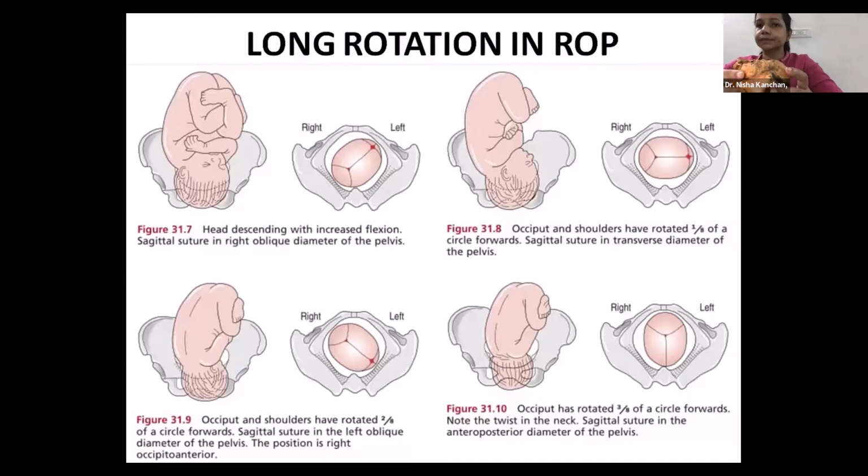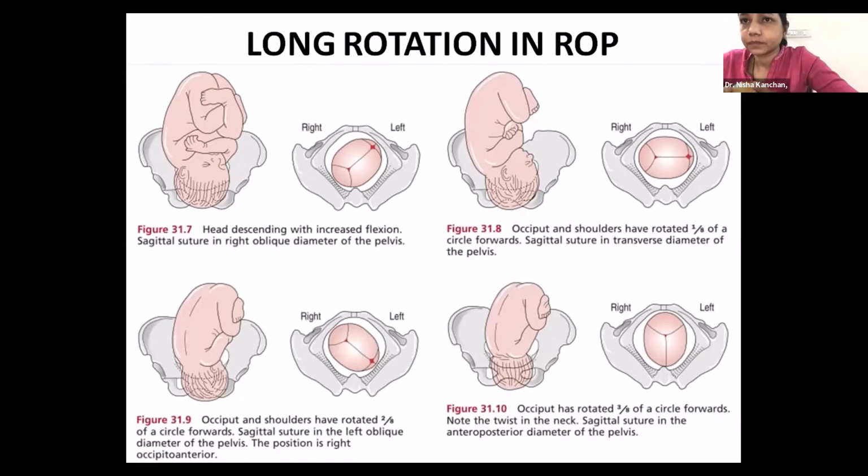Everything else is similar. The only difference is the occiput, which was facing the left sacroiliac joint, has to move 135 degrees, 3/8 of a circle, to come behind the pubic symphysis, because the neck cannot sustain this torsion. Minus 90 degrees, the shoulders will move. So that is how the shoulders move when there is occipito-posterior.